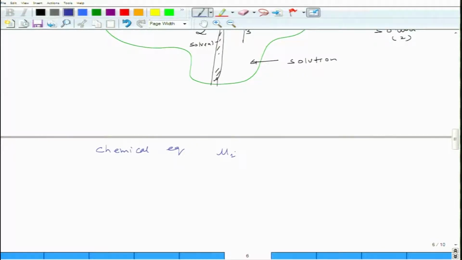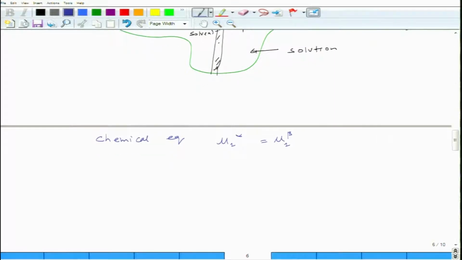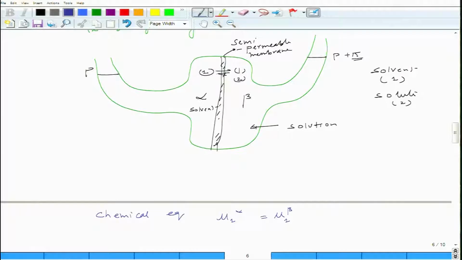So, mu 1 alpha, where again solvent is 1, solute is 2, alpha is the phase, should be the same as mu 1 beta. This tells you that the chemical potential of solvent in phase alpha should be the same as the chemical potential of solvent in phase beta. Now, the next thing we need to do is to connect this chemical potential to other thermodynamic variables which we can evaluate.